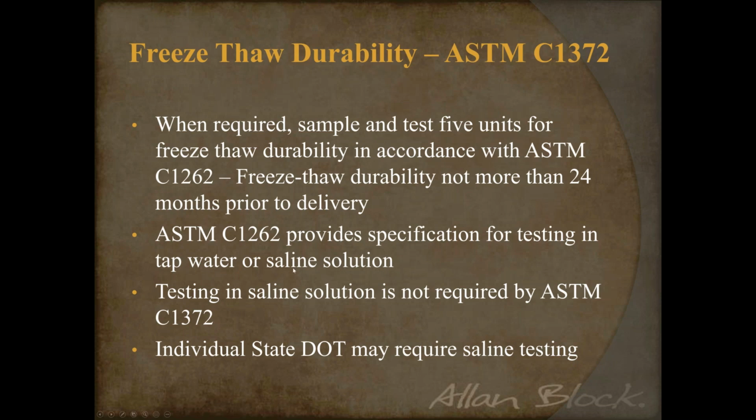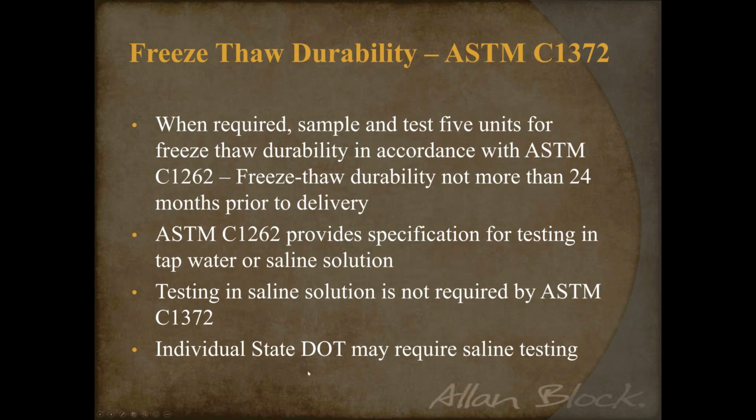C1262 provides specifications for testing in tap water and in saline. Okay, so it's a test method. The accelerated test is in saline. But be very clear, the C1372 test does not require saline solution to be used in the test.